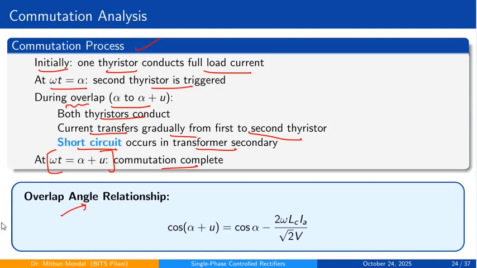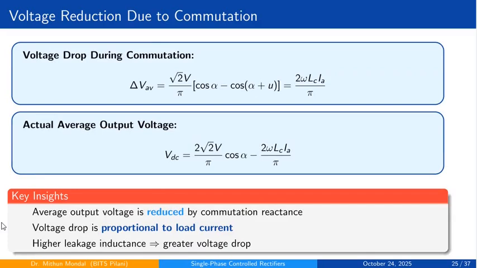This overlap angle can be estimated using this expression, where cos of alpha plus U is equal to cos alpha minus 2 omega LC into IA divided by root 2 V, where omega is the frequency, LC is the leakage inductance, and IA is the current. So there is voltage reduction during the commutation.